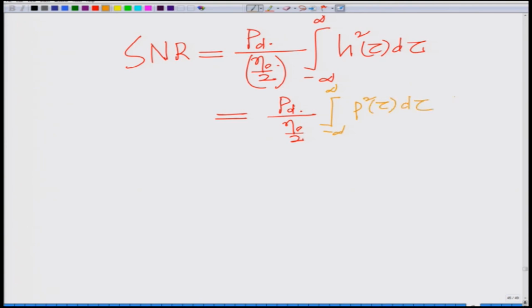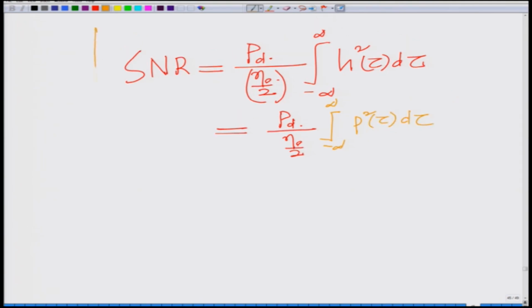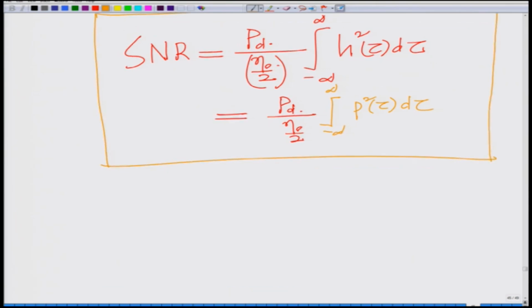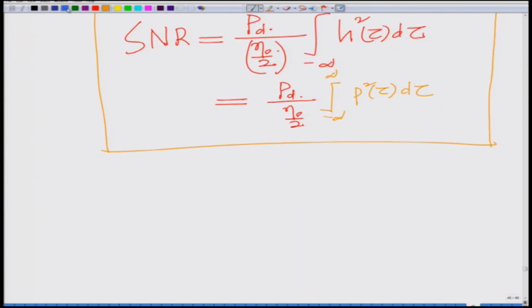This is your maximum SNR, that is it. This is the maximum SNR which occurs for the matched filter.